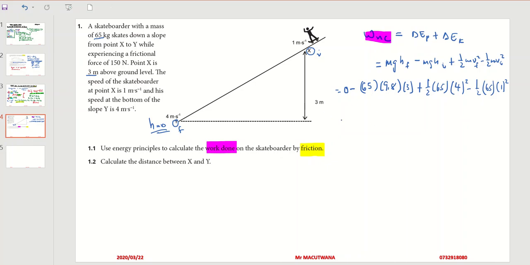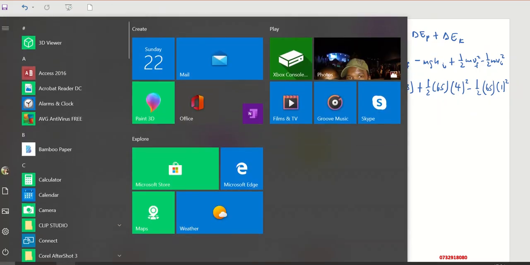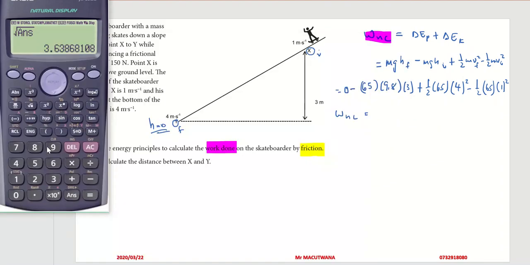All right, remember we had our W_NC equals to, then we can just go straight and use our calculator without any worry. So you have 0 minus 65. All right, let's substitute and use our calculator. Now we punch it as it is.